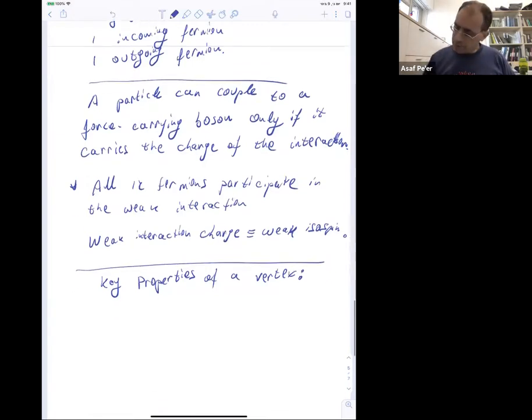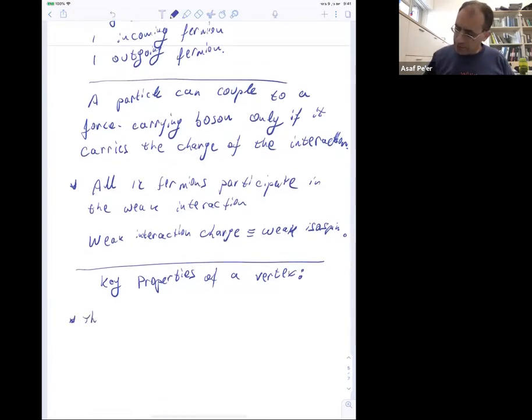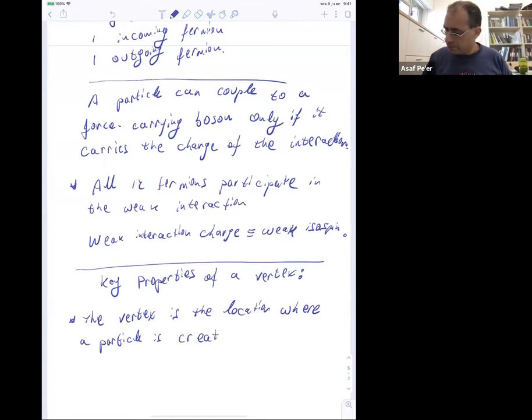So I should write it down. The vertex is the location where a particle is created or destroyed.